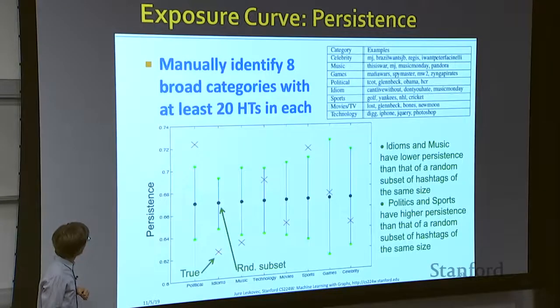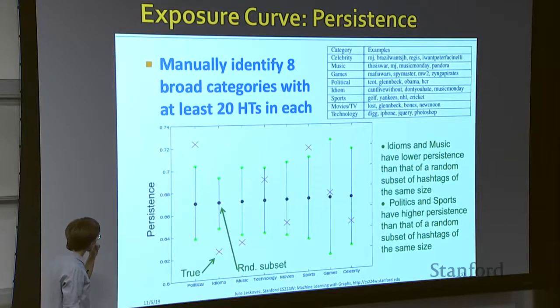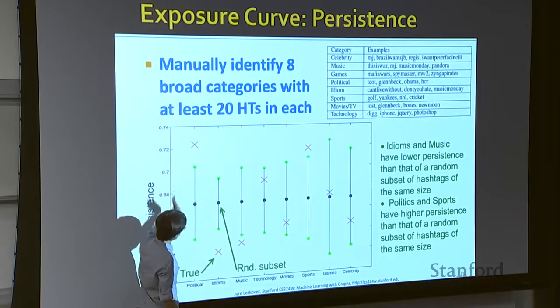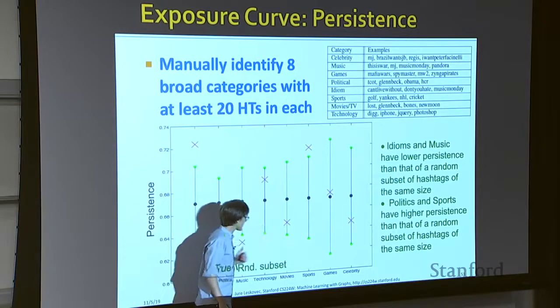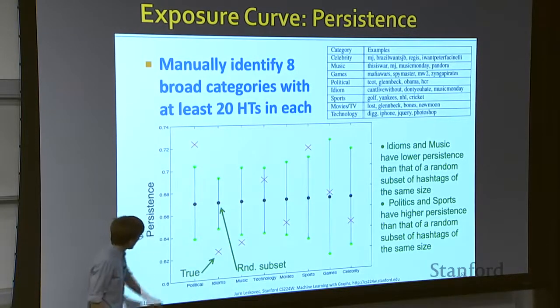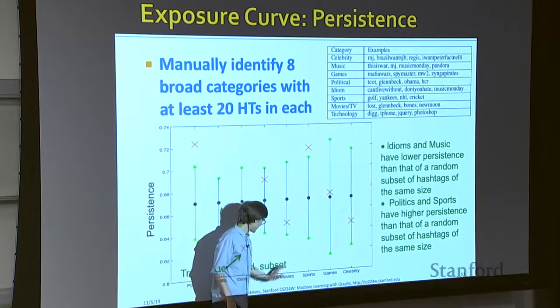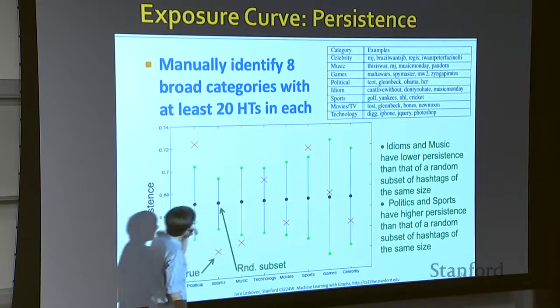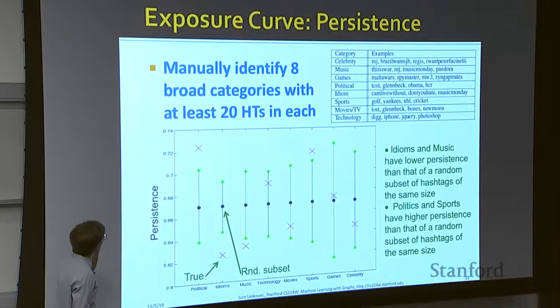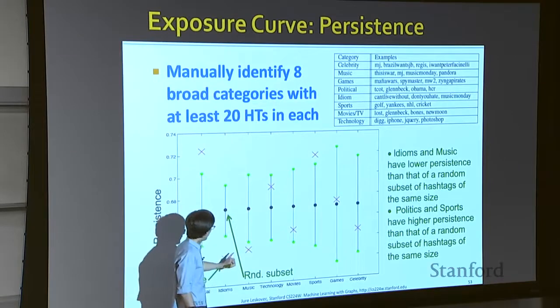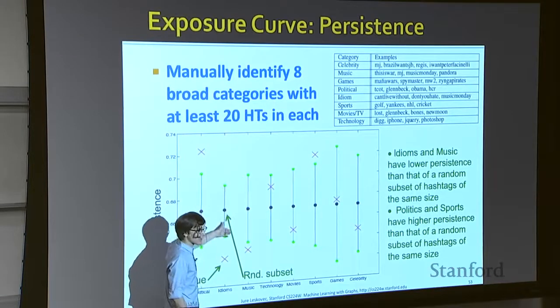Okay. So here is what they find. They put the hashtags in different groups: political, music, ideology, technology, movies, sports, and so on. And for every group they also come up with a random null model.